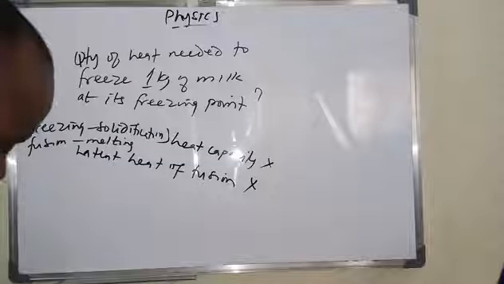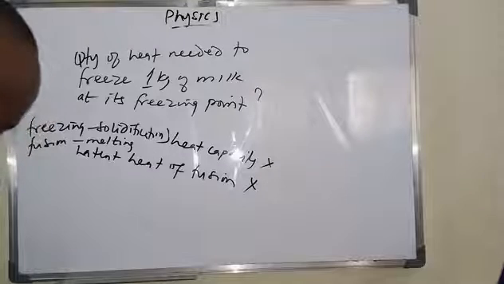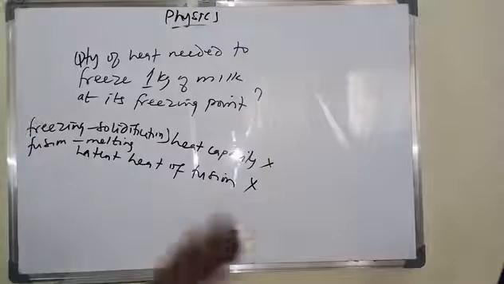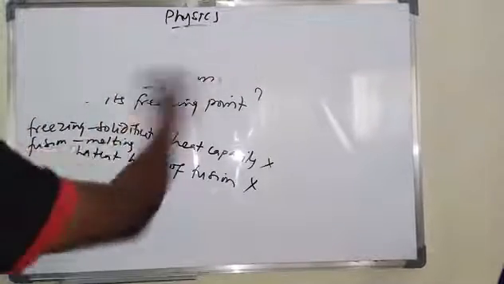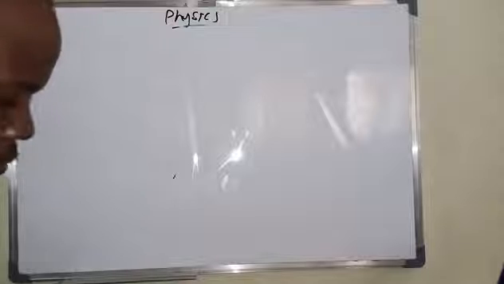So let's check on the next question. The next question is saying, in a certain process, 12,000 calories in internal energy.